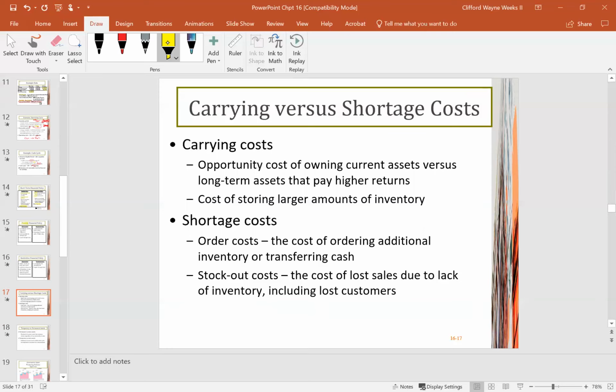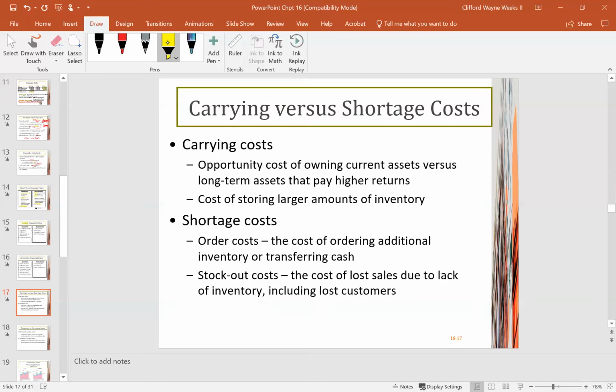But what are we doing with that money? Are we buying fixed assets, equipment, buildings, things that hopefully have a better return? Or are we just putting it into a checking account? And so the cost of storing larger amounts of inventory.